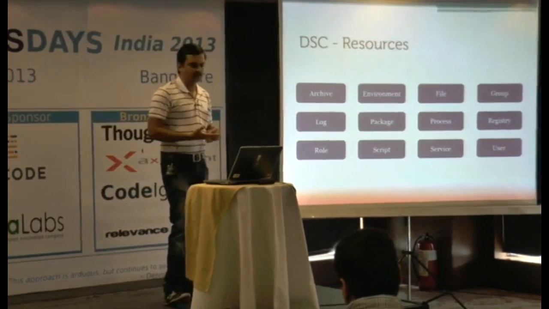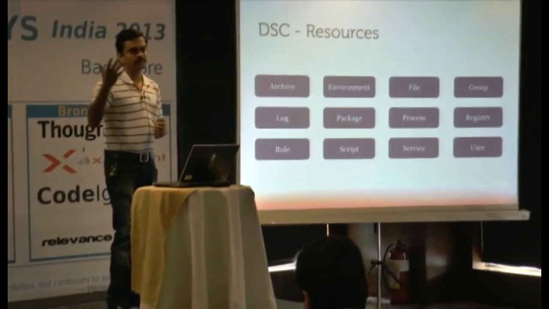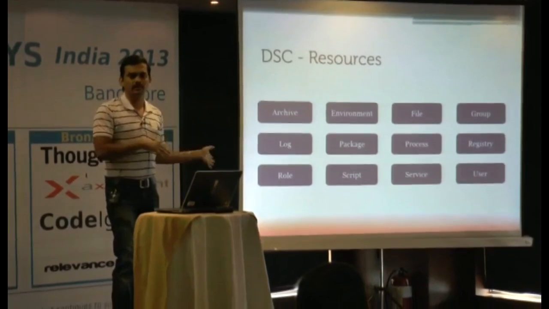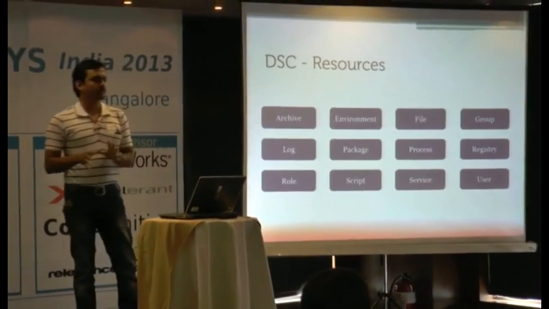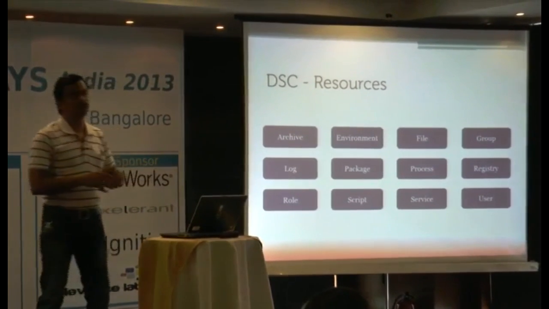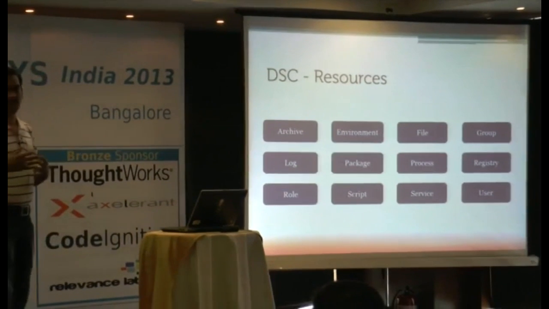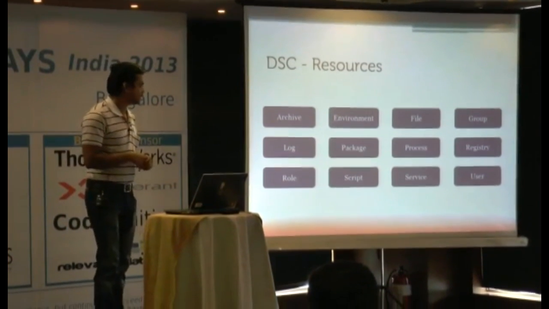Process deals with Windows processes. Registry: everything and anything in Windows is basically a registry entry, so you can play with the registry directly using the Registry resource. Role is specific to the Windows Server operating system. You can install roles and features using that. For example, if you want to install an IIS server role, you can install that using this resource.